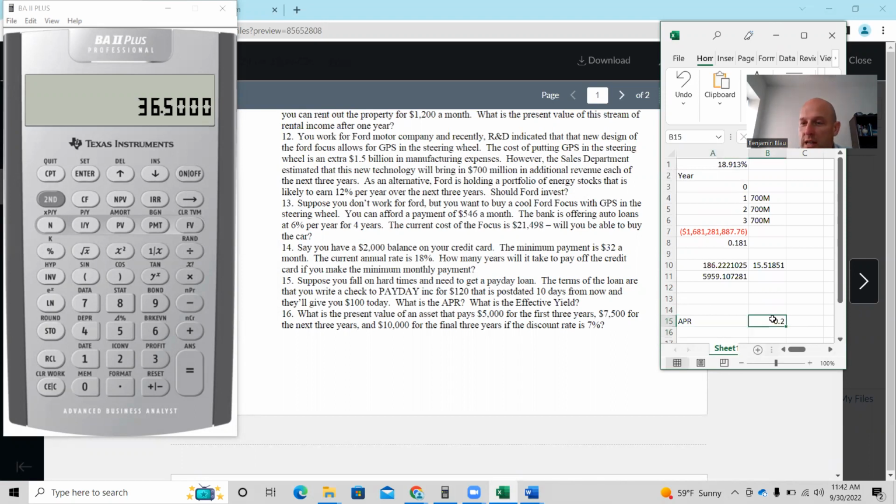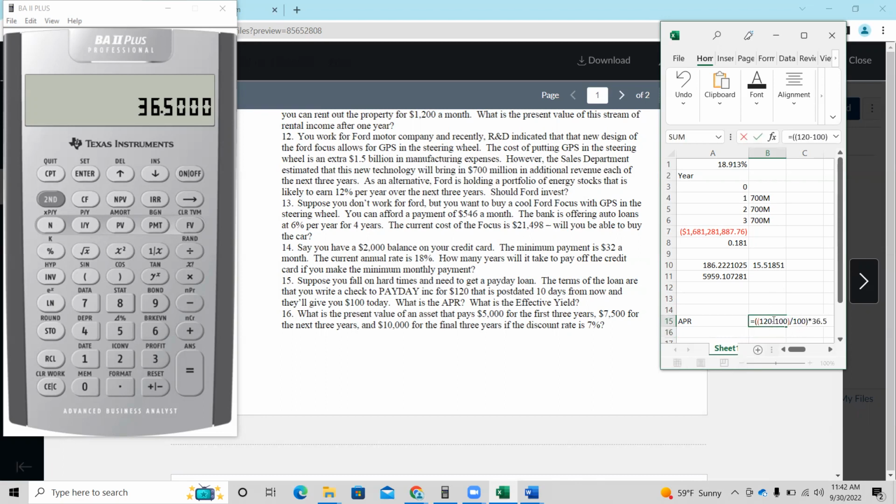But the APR is something more than that. What we're going to do is multiply this by 36.5, the number of compounds per year. When we do that, we get 7.3. That's not 7.3%.